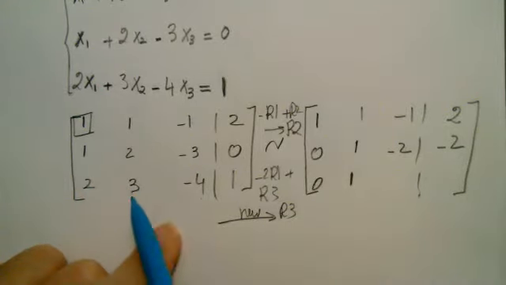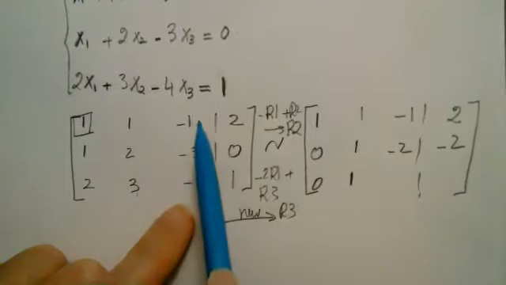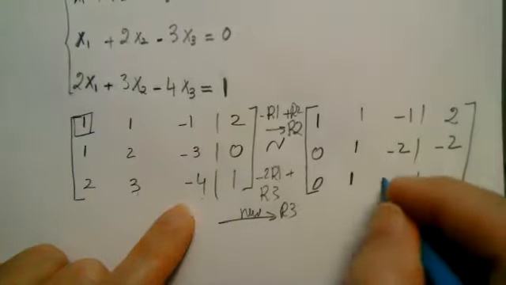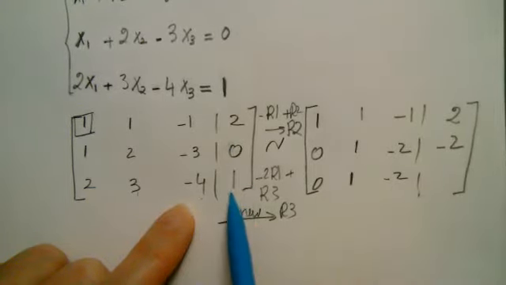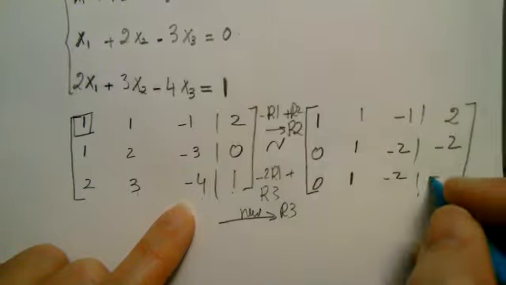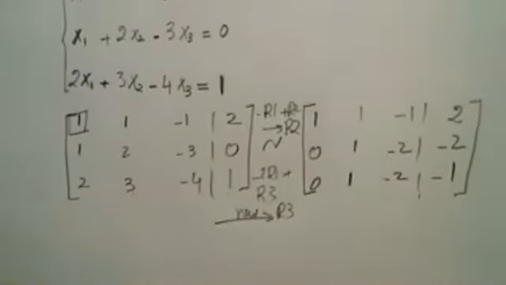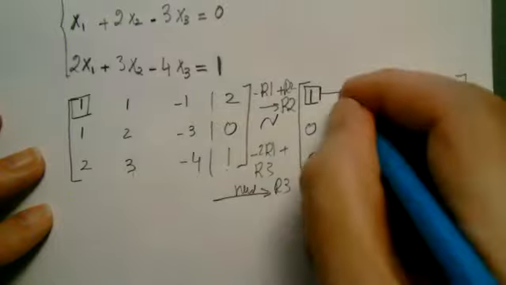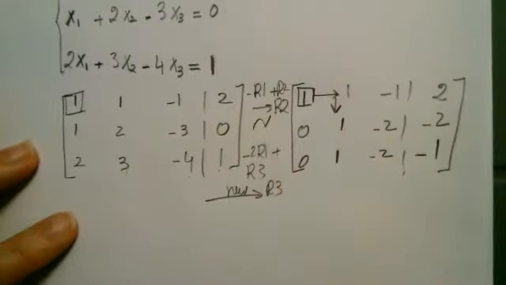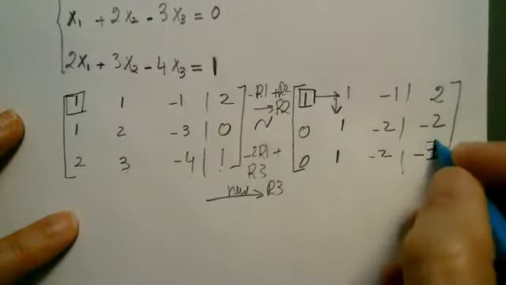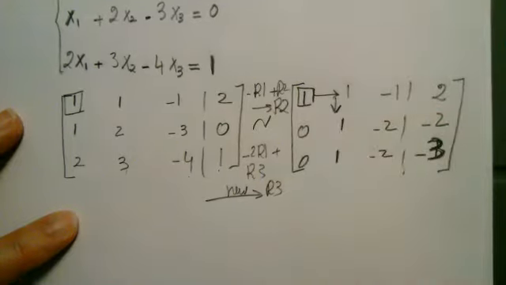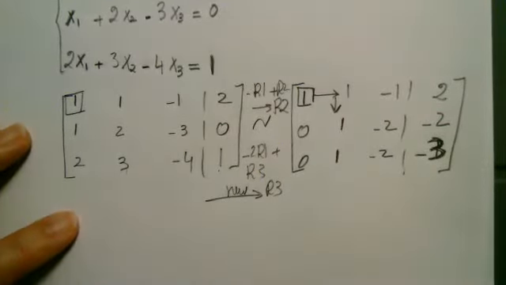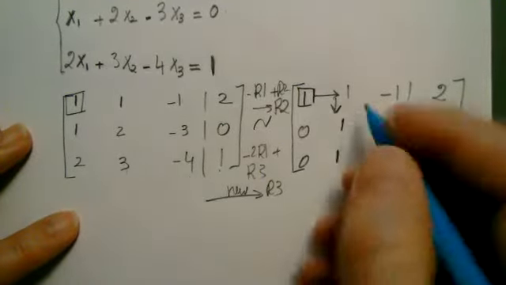Minus 2 plus 2, minus 2 plus 3. Minus 2, 2 minus 4, that's a minus 2. And then minus 2 plus 1, which gives me a minus 1. Very good. I think it should be a minus 3 for the last one because we're multiplying the first row by 2. Yep. I don't really argue when you guys are telling me something correct.